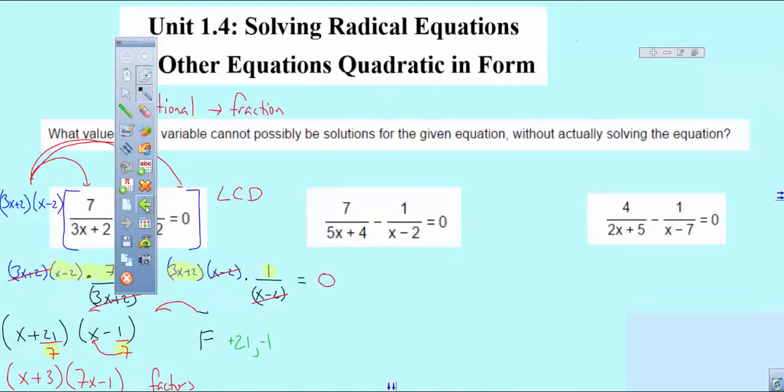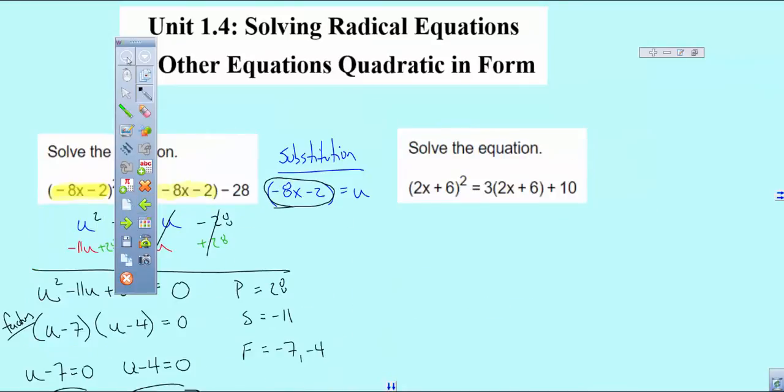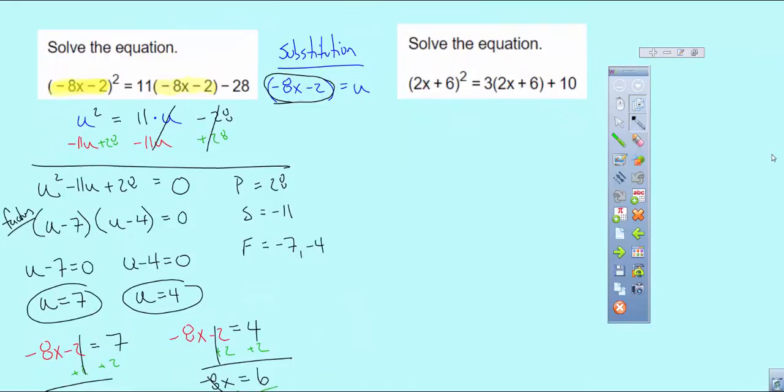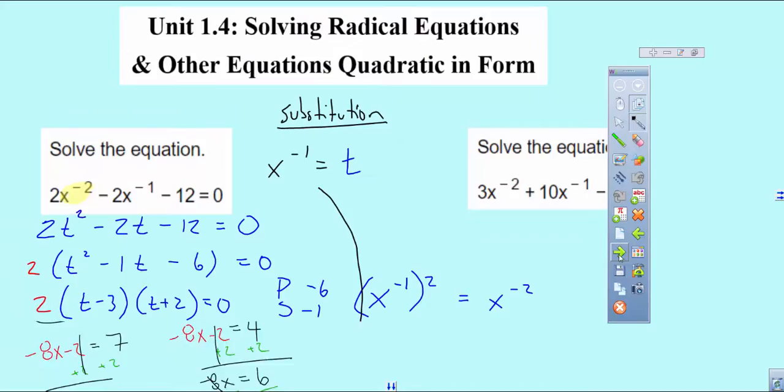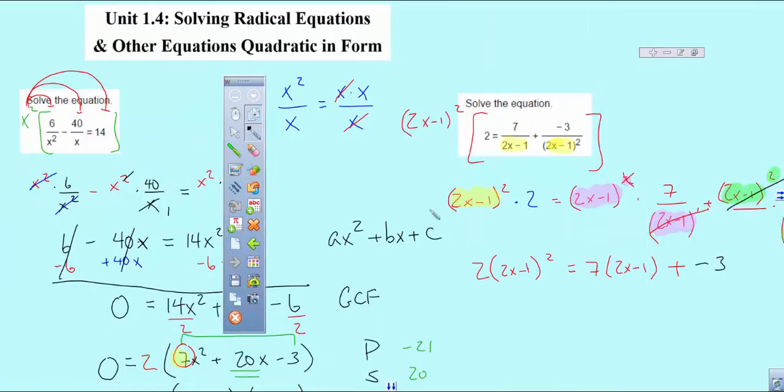Now, what I want you to see here to make your life a little bit easier is I want to go back a couple slides and remind you right here when we did this guy with substitution. So remember how we had that spot where we had the negative 8x minus 2 and we let that be equal to u. So at this point on this particular problem, we're in the same situation. We have a 2 times 2x minus 1 squared and a 2x minus 1.